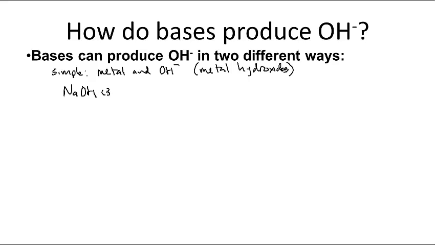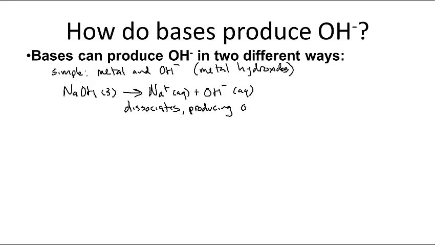You put sodium hydroxide into water, and you get Na plus and OH minus. Remember, bases increase the amount of OH in a solution. It breaks apart like any ionic compound, so we'll say it dissociates, producing OH minus. That makes it a base.